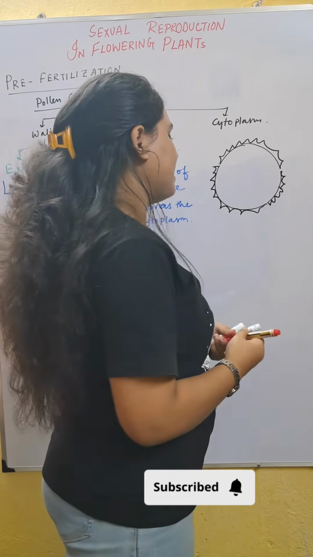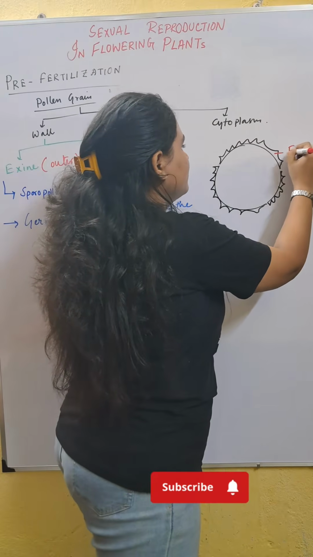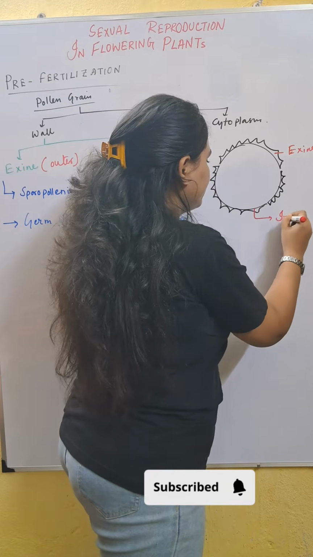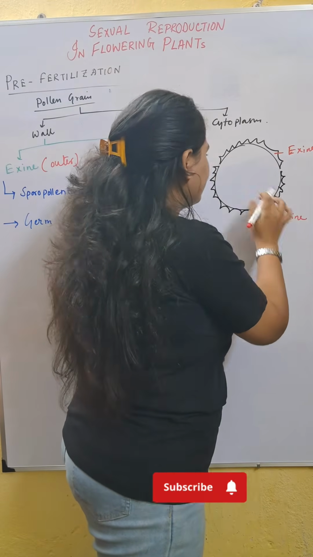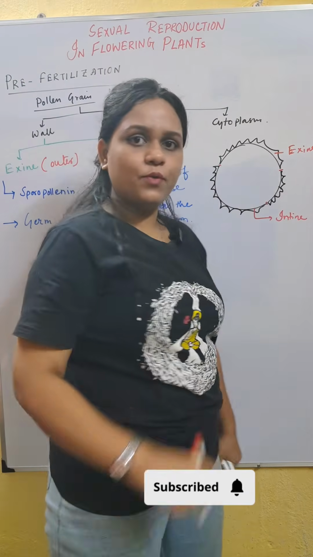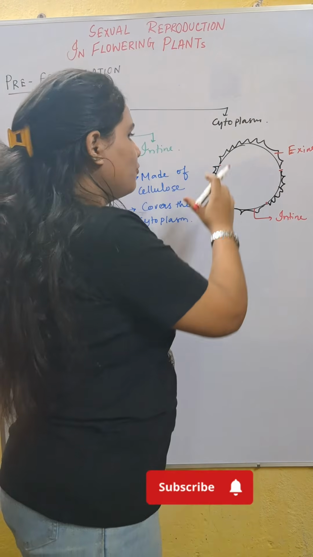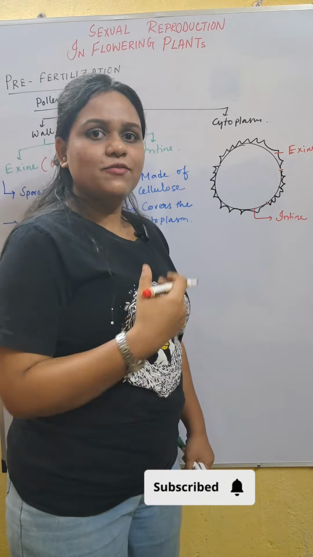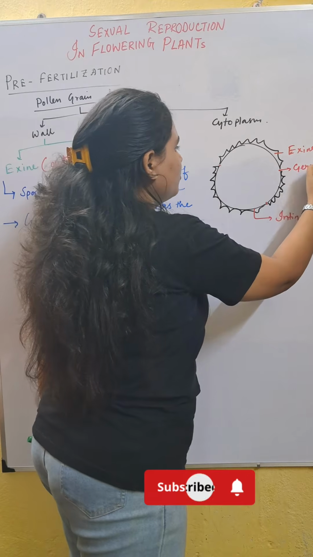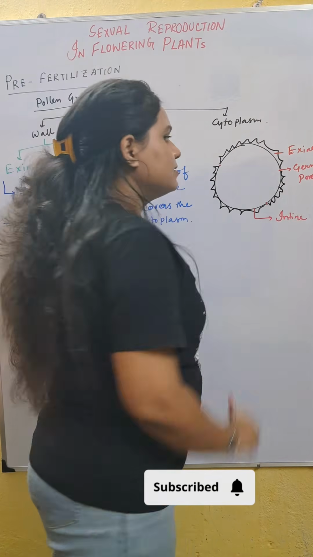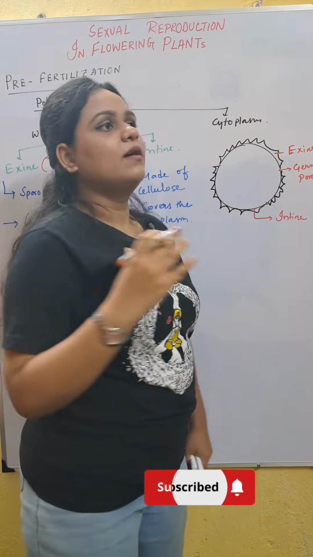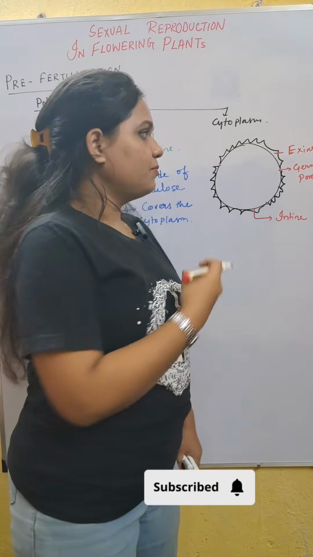This is the exine which is sculptured, and this inner layer is intine. Now you can see some pores present here which help the pollen grain to form the pollen tube during fertilization. This is known as the germ pore. This germ pore helps the pollen tube to come out during fertilization.